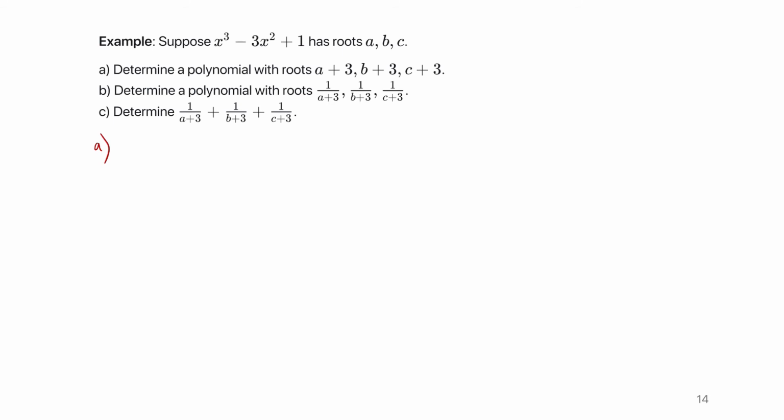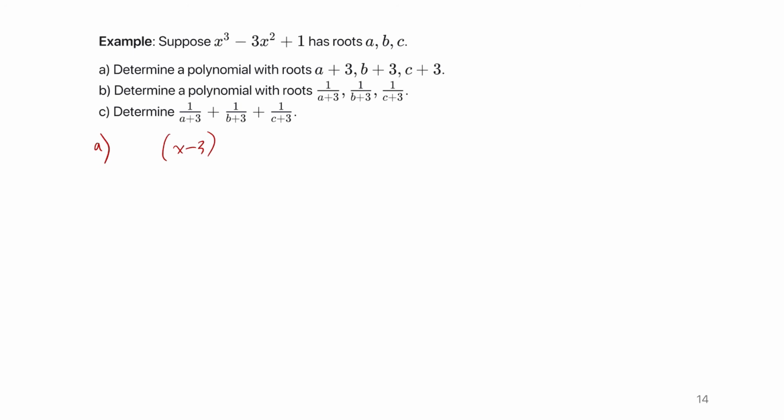What is the difference between a polynomial with roots a, b, c, and a plus 3, b plus 3, and c plus 3, visually? Any ideas? Sure. Yeah, it's shifted to the right by 3. Okay? And how do you shift algebraically a function to the right by 3? Well, you plug in x minus 3.